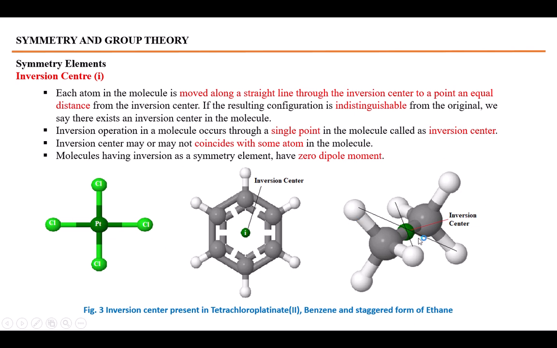But in these two examples, there is a bond as an inversion center and no atom at the inversion center. In the case of benzene, the inversion center is at the center of the plane of the ring and there is no atom present there. So it is not necessary that the inversion center coincides with some atom, but it may be a position where there is no atom.